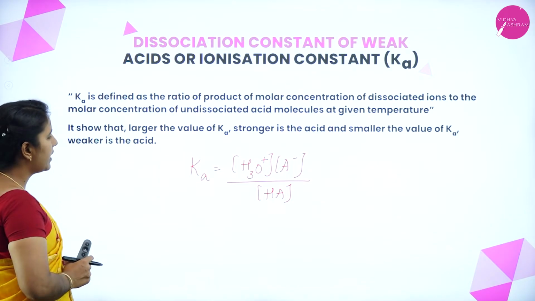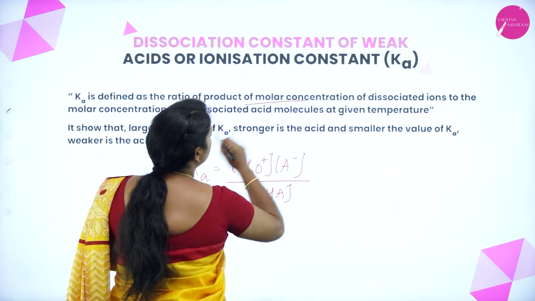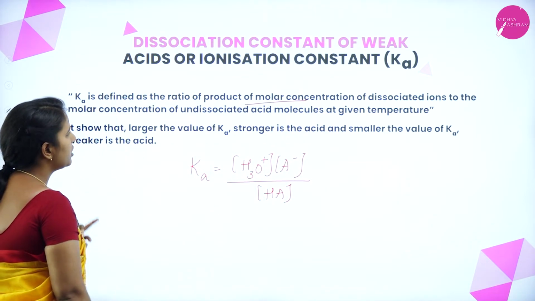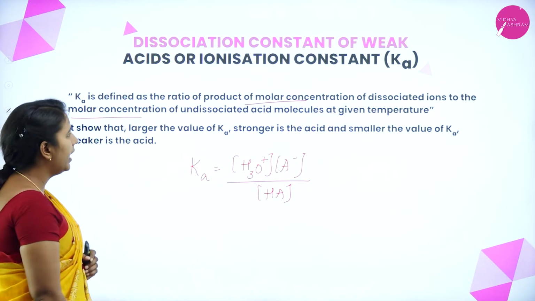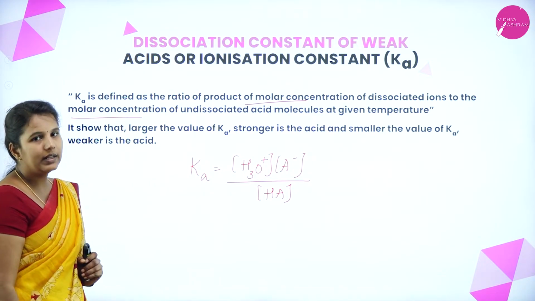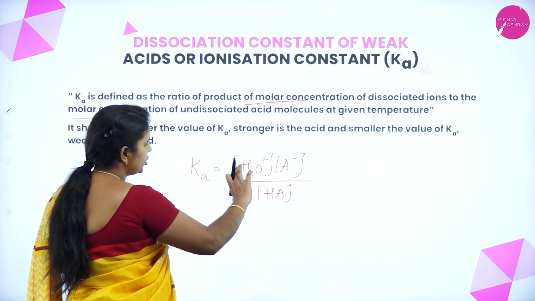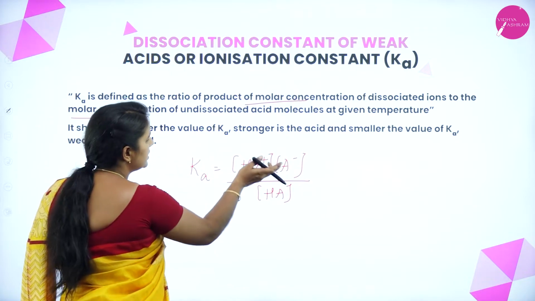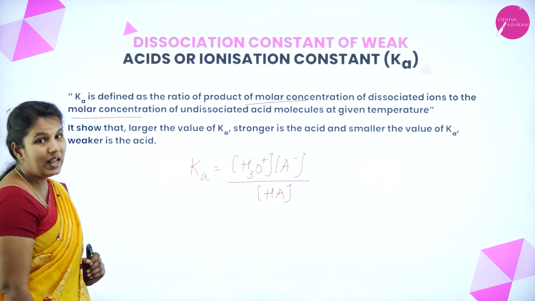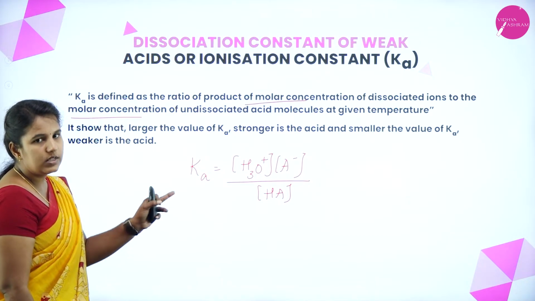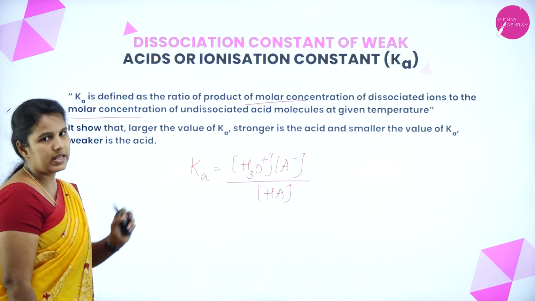It can be defined as the ratio of the product of molar concentrations of the dissociated ions to the molar concentration of undissociated acid molecules at a given temperature. So it is nothing but the ratio of molar concentration of dissociated molecules divided by molar concentration of the undissociated acid molecule. So this is known as the dissociation constant of weak acids.